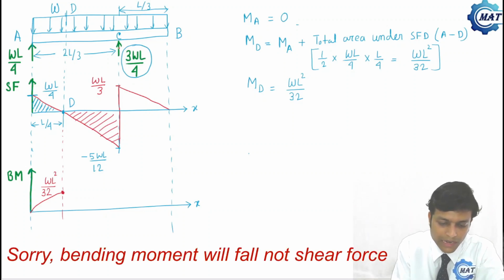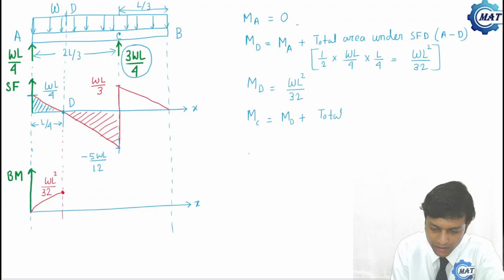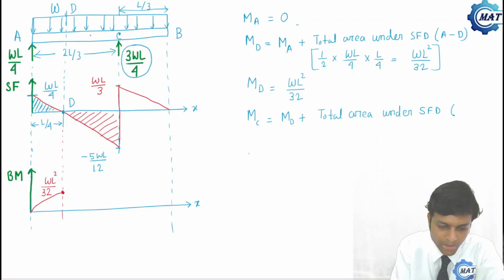And what is the value of bending moment at C? That is MC. MC is MD plus the total area under the shear force diagram between D and C. So what is that area?